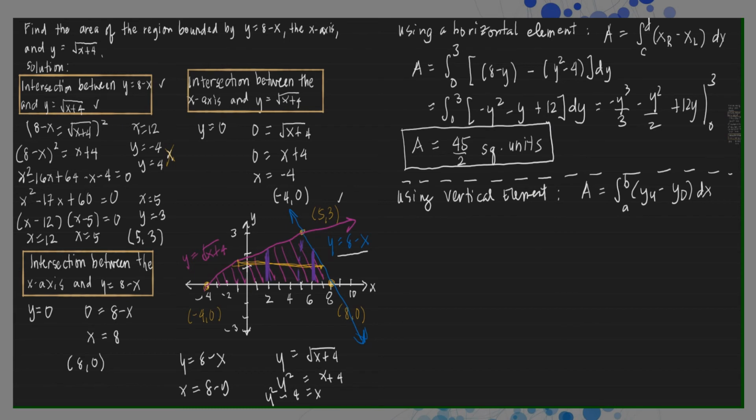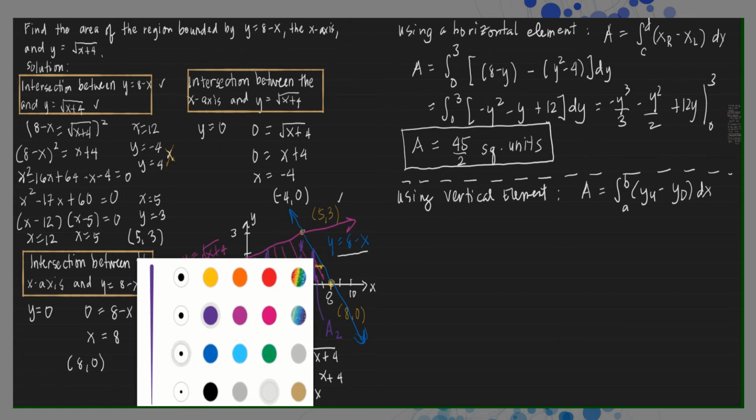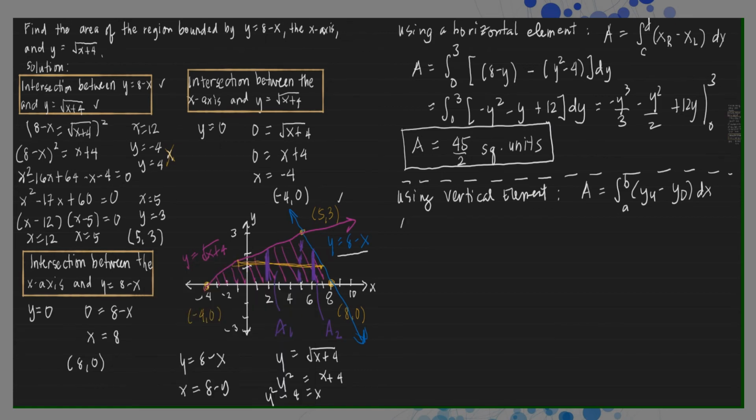Okay, so the division will be where the change happens. So at the point (5, 3), we project it downwards. That will be the division of our region. So let us label the first one as A1 and then the second as A2. So we set up the equation for A1.